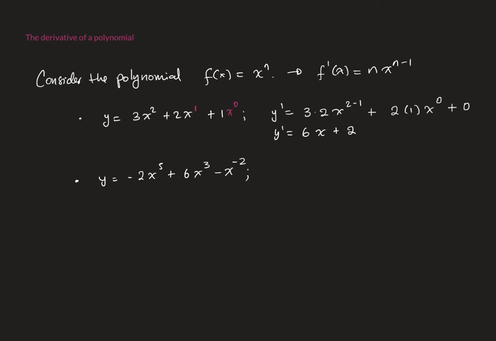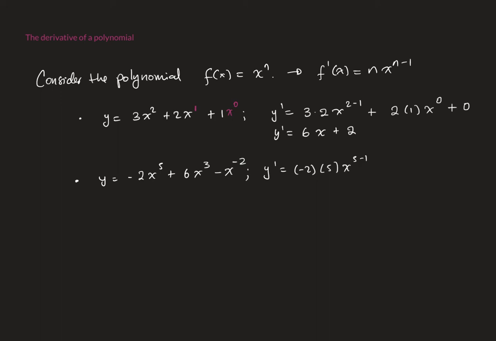So similar to before, we're going to start term by term. y dash would be equal to, first we do the derivative of minus 2x to the power of 5, and that is going to be minus 2 times 5 times x to the power of 5 minus 1. Now we do the derivative of 6x to the power of 3.